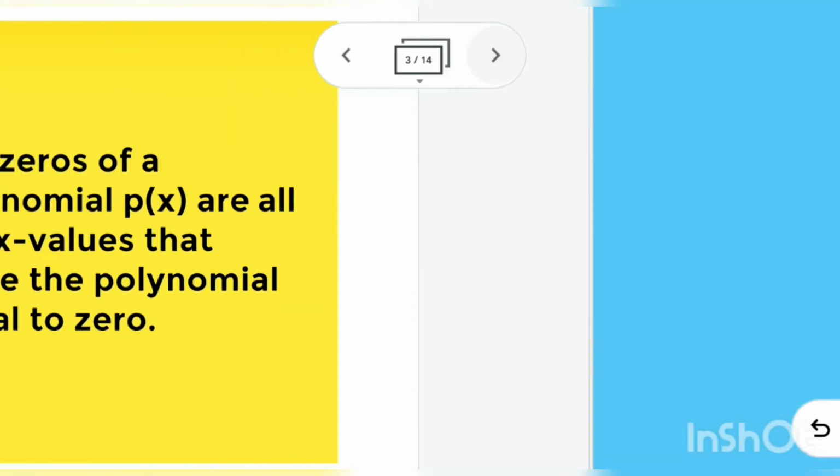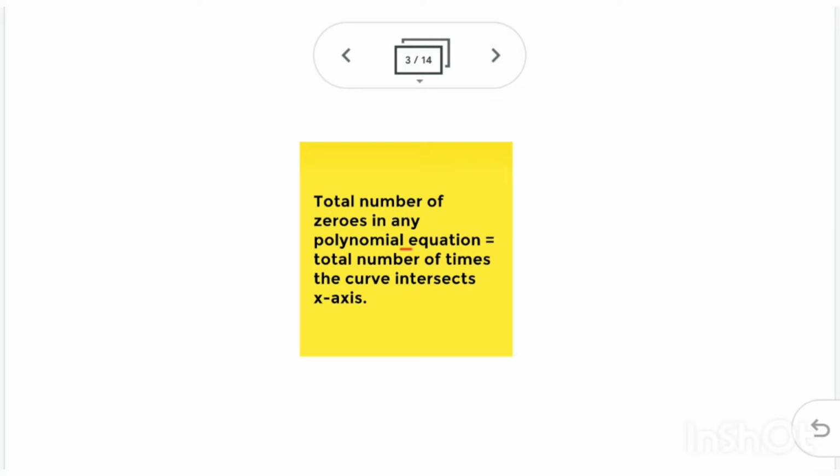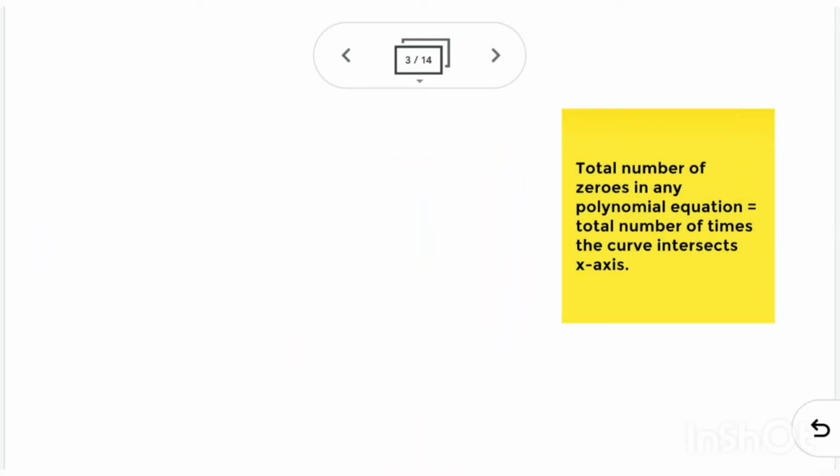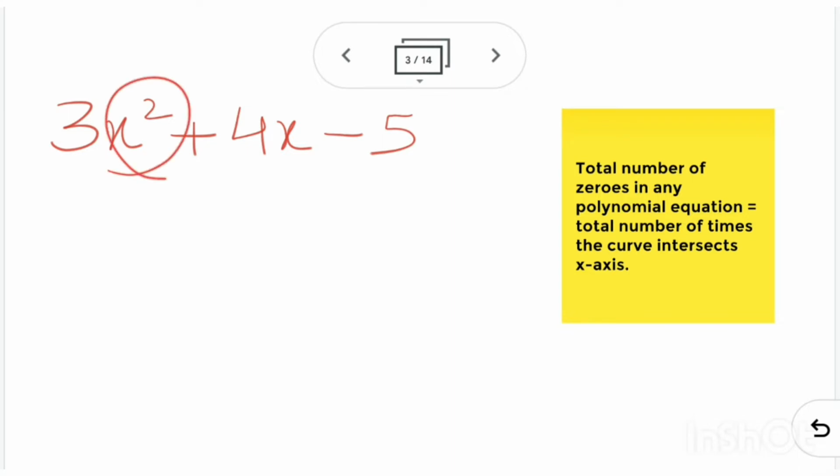Suppose we take any polynomial, say 3x square plus 4x minus 5. Now we need to think of those values of this variable x which will make this polynomial 0.